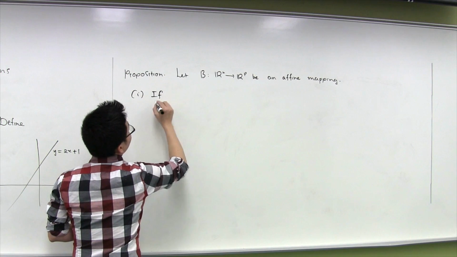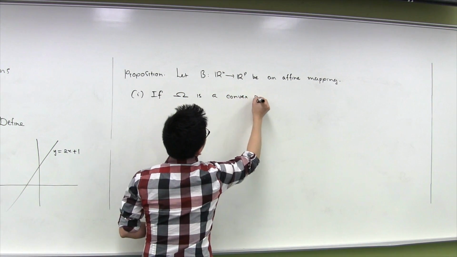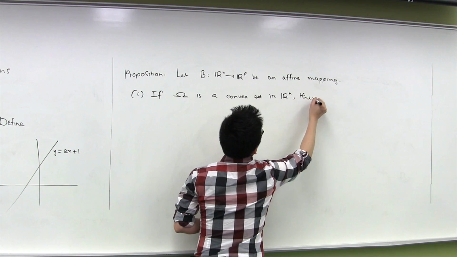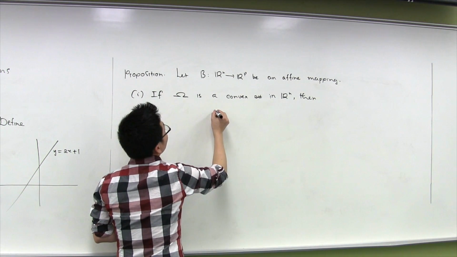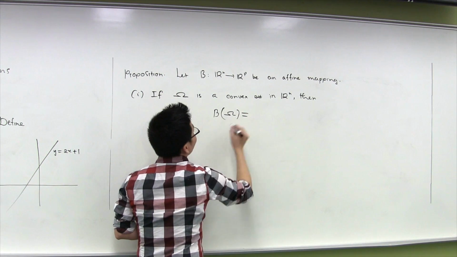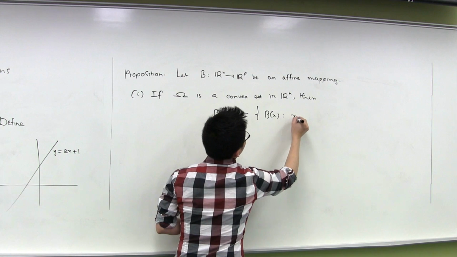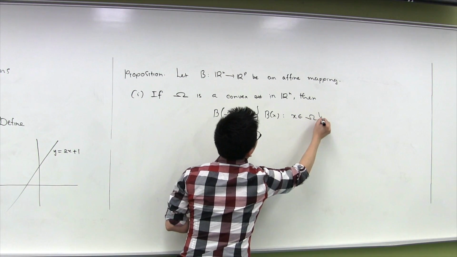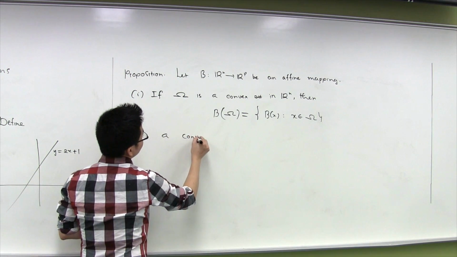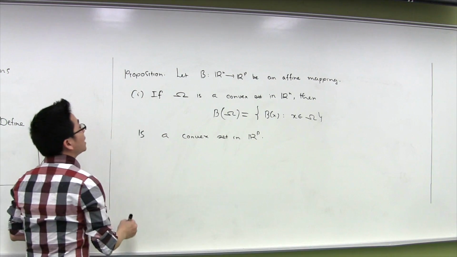If omega is a convex set in R^n, then the direct image of omega by B, defined by the set of all B(x) where x runs in omega, is a convex set in R^p.